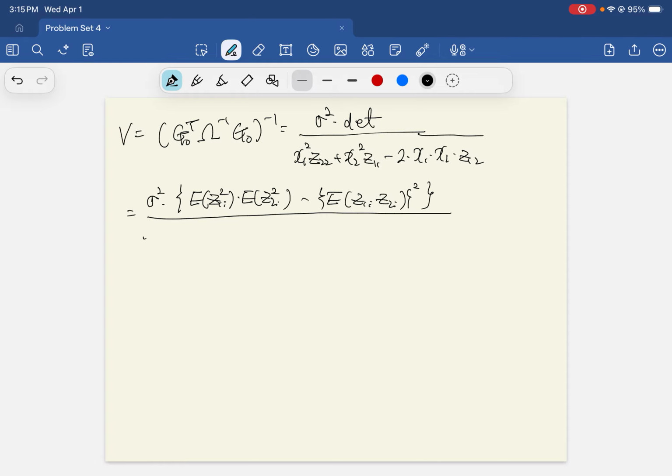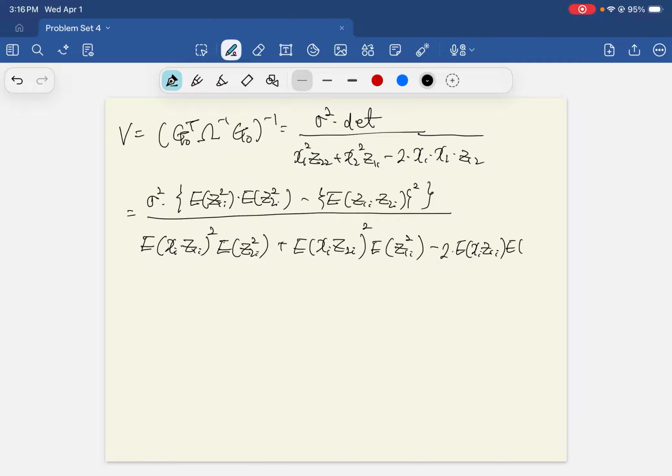And the denominator is the expectation of xi z1i squared times the expectation of z2i squared, plus the expectation of xi z2i squared times the expectation of z1 squared, minus 2 times the expectation of x z1 times the expectation of x z2 times the expectation of z1 z2.